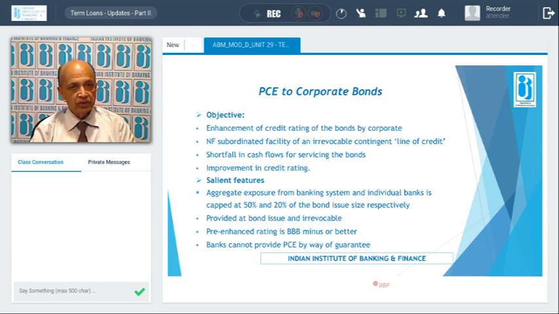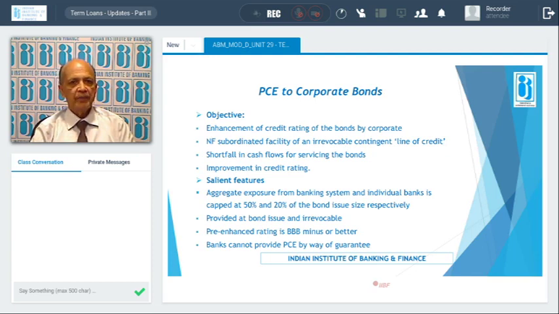What is the purpose? This line of credit would take care of any shortfall in the cash flows in servicing the bonds, thereby the rating would improve. With the improved rating, they are in a position to raise adequate funds and get the bonds subscribed by long-term resources.